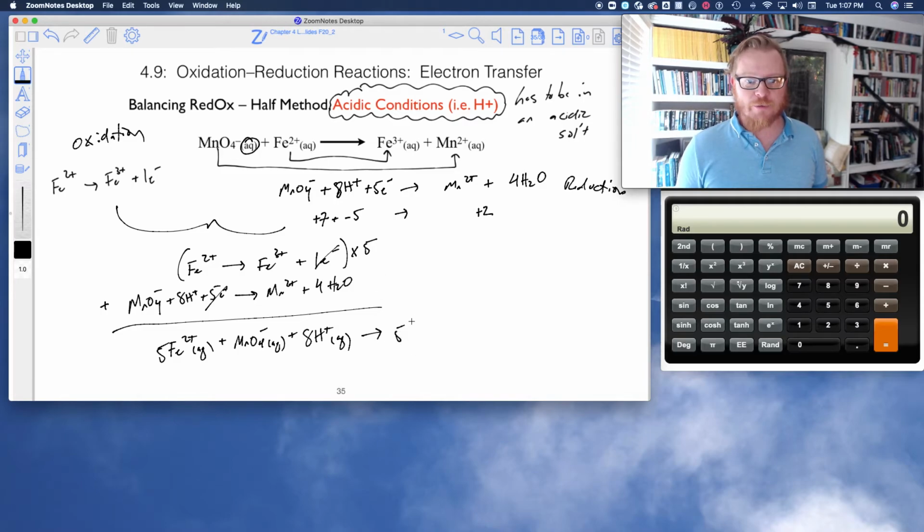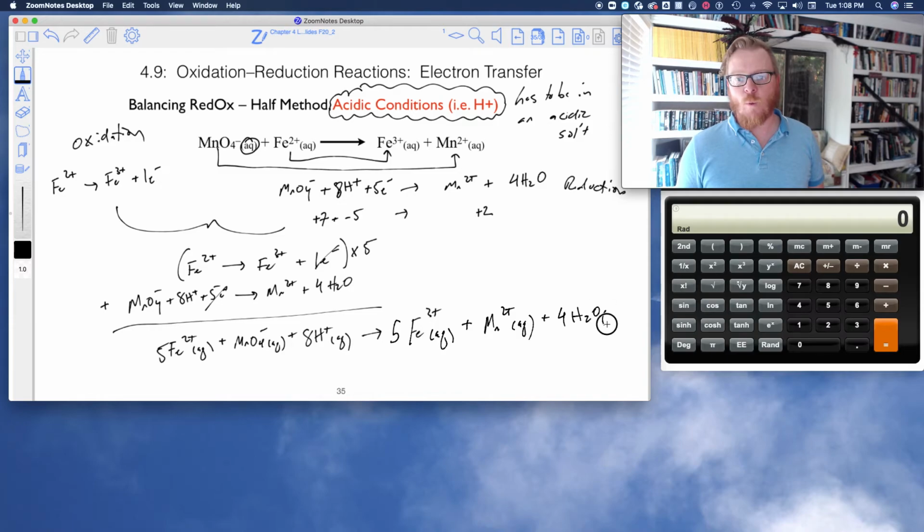And now I have 5 iron 3 plus aqueous plus, let's see where we're at, 1 manganese cation plus 4 H2Os, and water is always a liquid unless it's a solid or a gas.